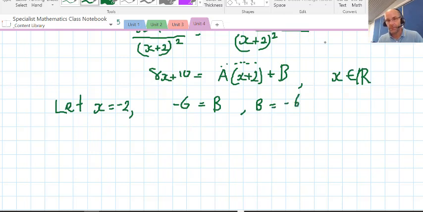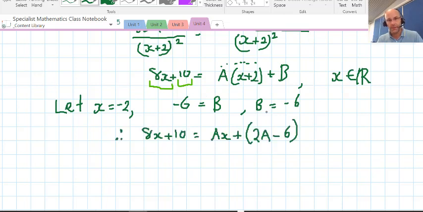Okay, so what do we do to find A? There's a couple of ways of thinking it through. You could just look at what we have here, a bit of direct reasoning. We have a coefficient times x to the power 1 plus a constant, and we could have that on this side too if we do a bit of expanding. So doing it that way looks a bit more explicit. 8x would equate to Ax, so very directly A equals 8.